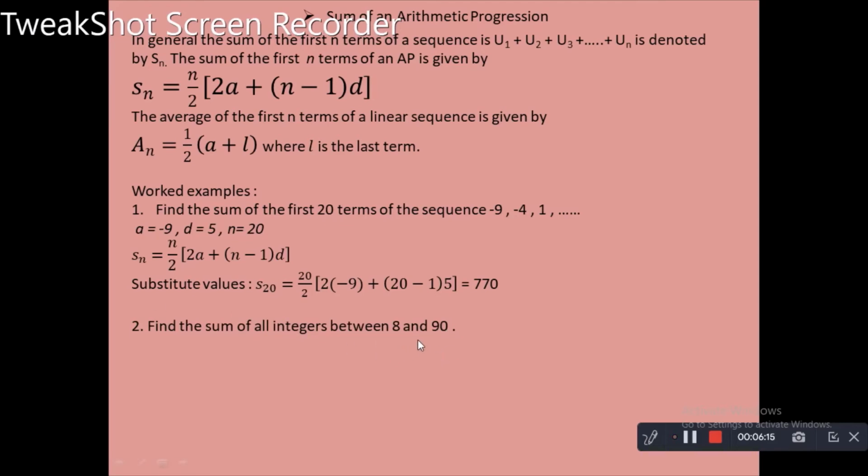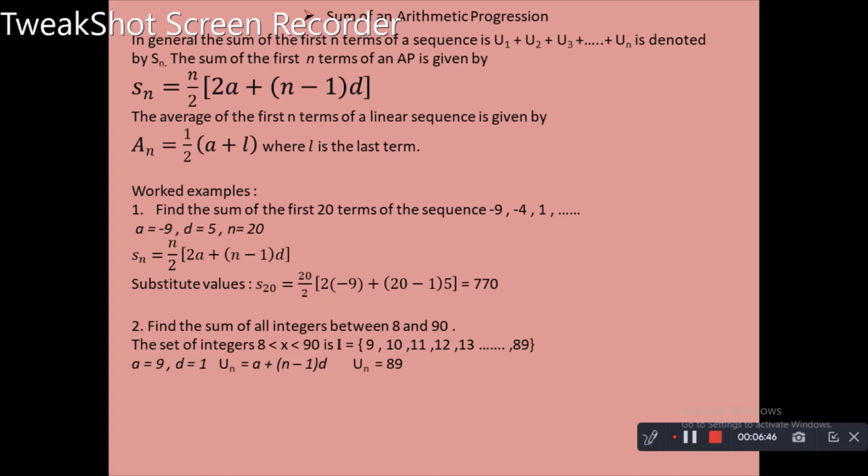Supposing you walk into a math exam room and you are presented with this question: is this now the time to know the number of terms between 8 and 90? No. Now the set of the terms starts from 9, moving on, and it will end at 89. So now we have to know the term that 89 represents, because we don't have time to write from 9 through to 89.